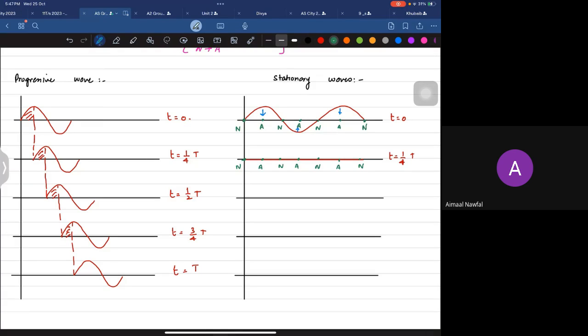When the time period becomes half the time period, these antinodes keep on moving down, these go up, these come down. So basically this creates a wave like this now. It looks super bad.